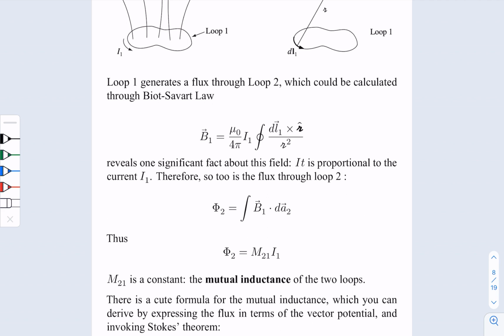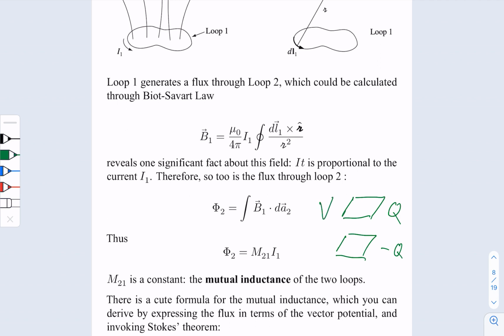I don't know if you remember a similar analogy from earlier, when we discussed the electrostatic case. Say we have a parallel plate capacitor with charge Q, and we can also calculate the voltage.